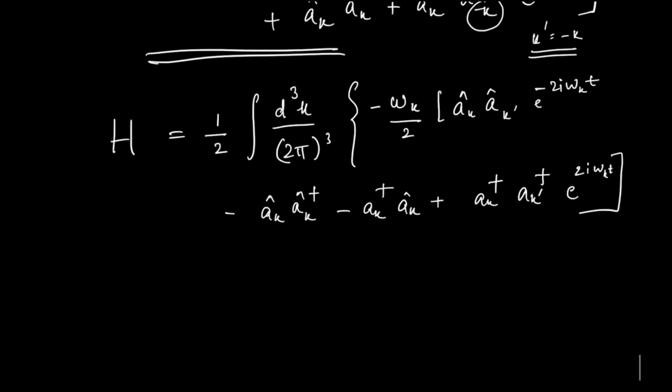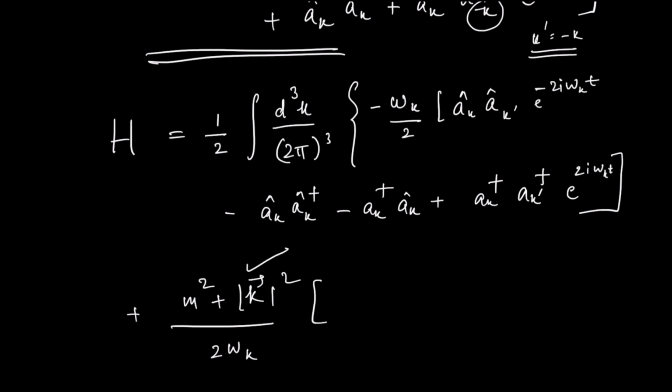Plus m square plus mod k square by 2 omega k. So this k square came from the second term and this m square came from the last term. So I'm just writing it because some of the coefficients are the same, so I'm taking it outside and writing it as common.